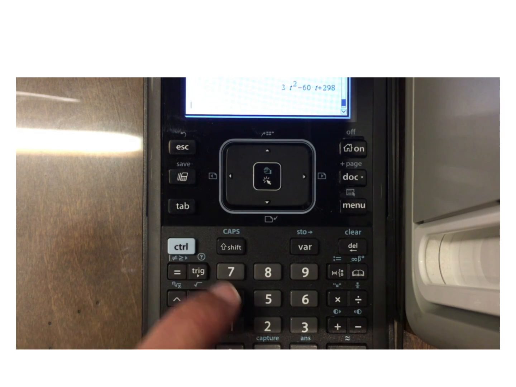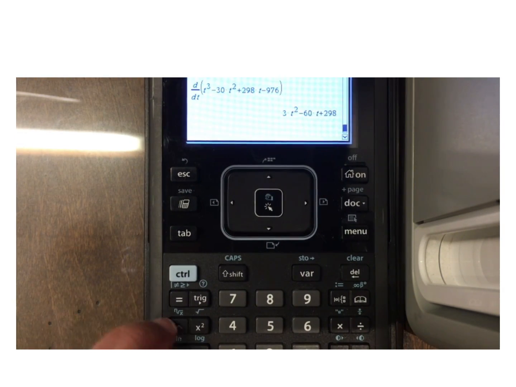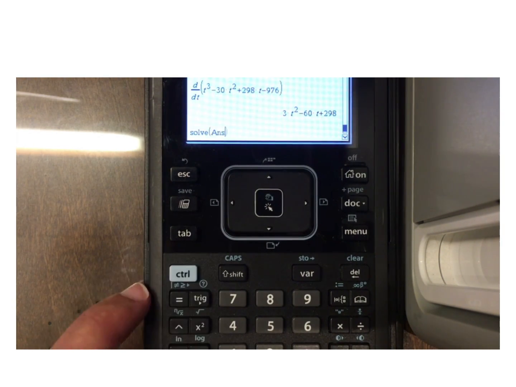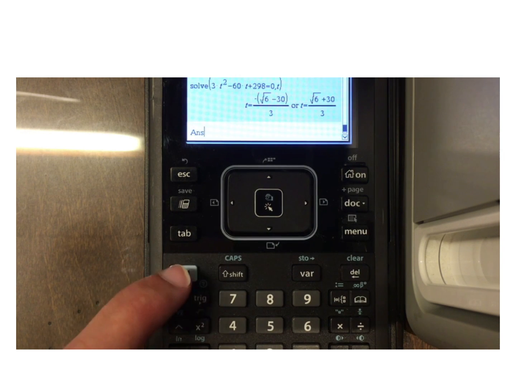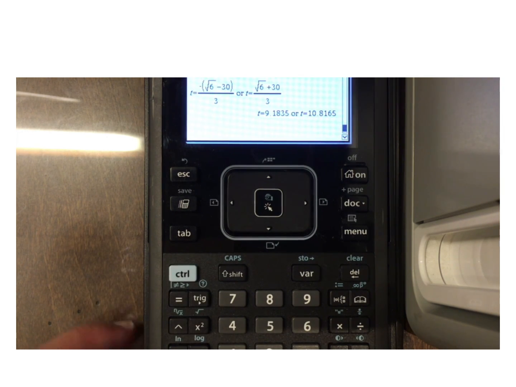Press enter, we get what our derivative of p of t is, and we're going to set that equal to 0 using the solve function. We get the two t values, t equals 9.1835 or t equals 10.8165.